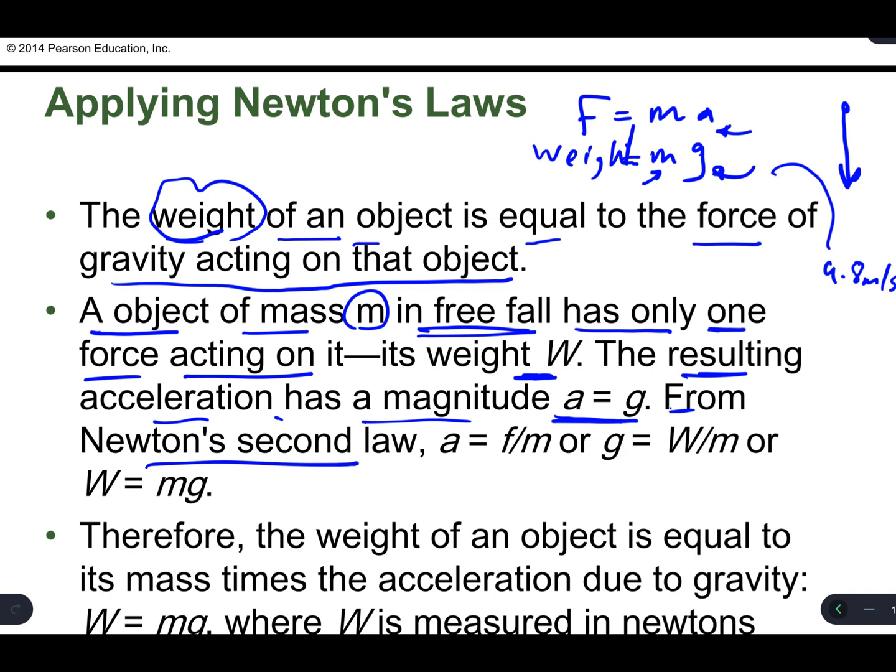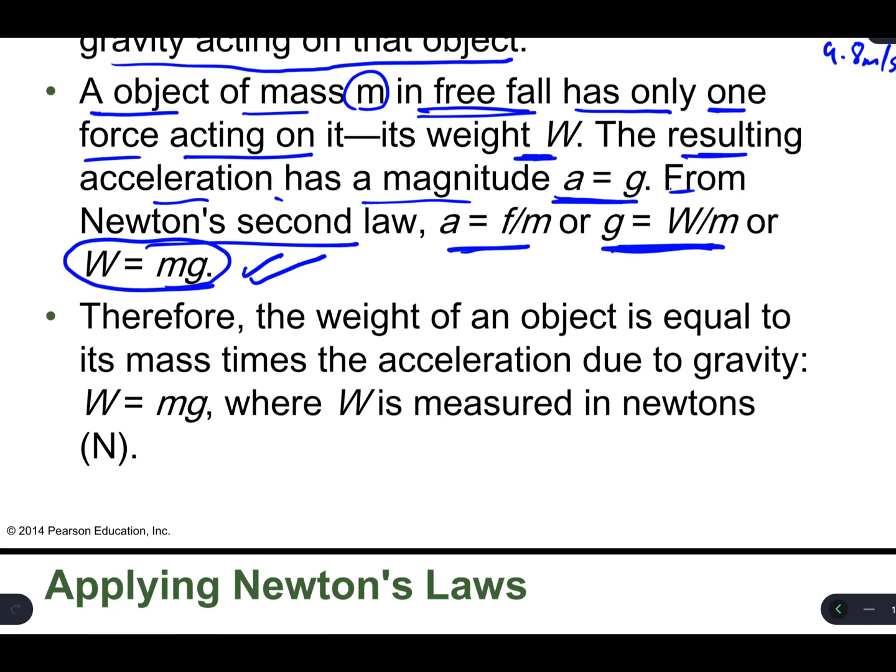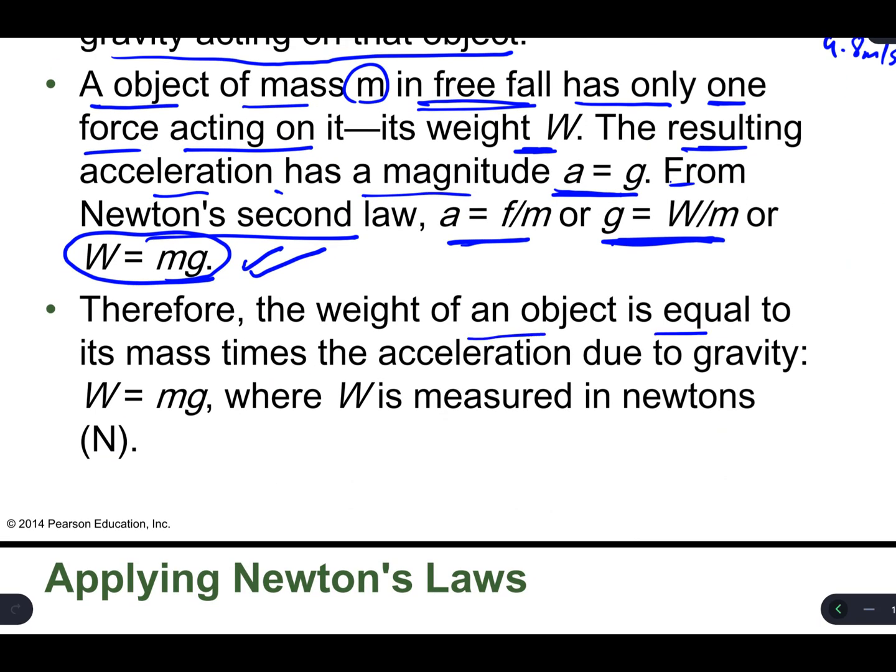From Newton's second law, a equal F over m, or g equal W over m. W is the weight, or weight equal mg. Therefore, the weight of an object is equal to the mass times the acceleration due to gravity.